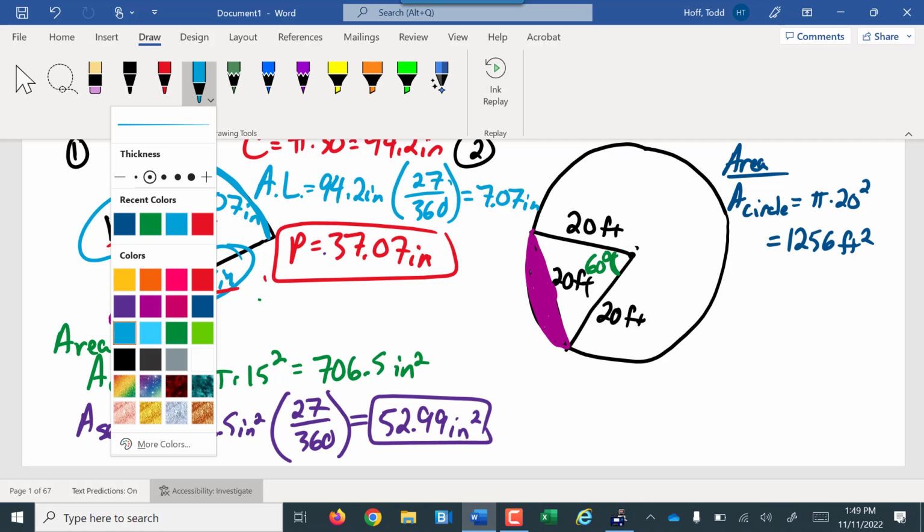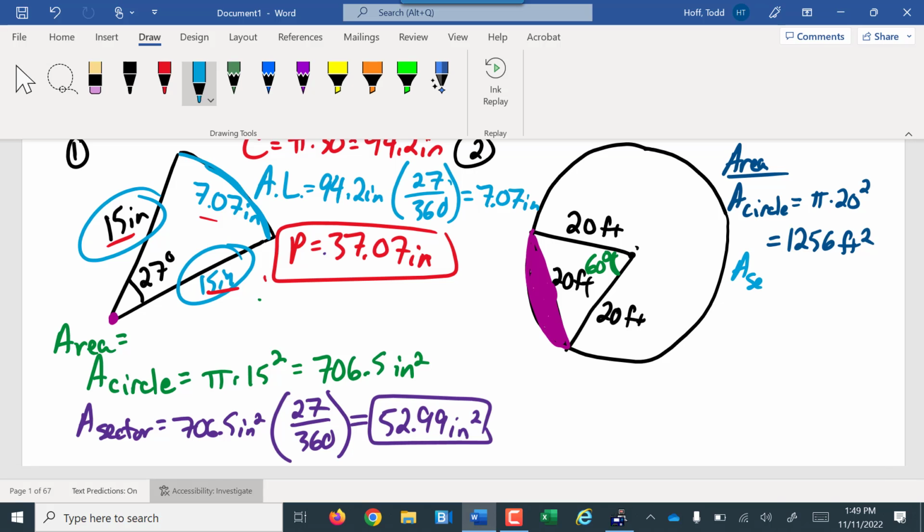So then from there, we find the area of the sector by doing the 1,256 square feet times 60 over 360, which is what? 209.3 square feet.